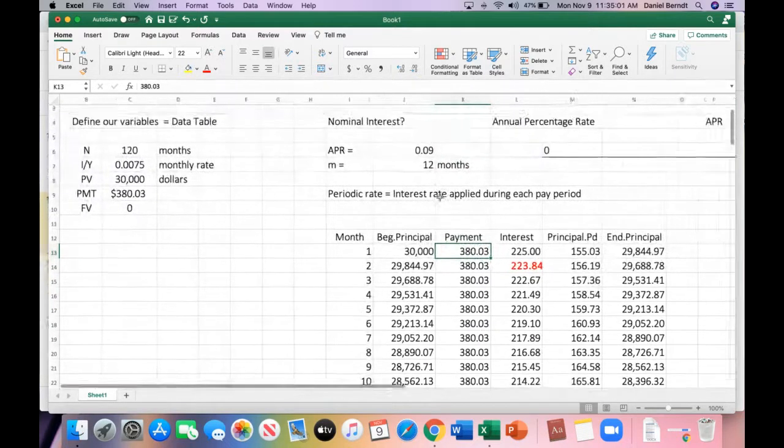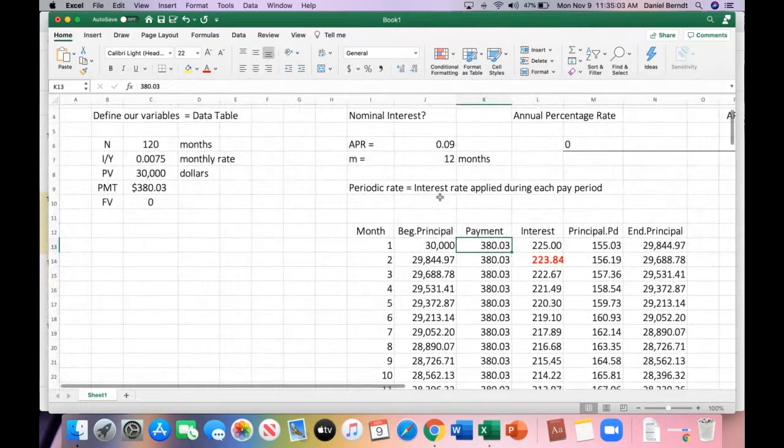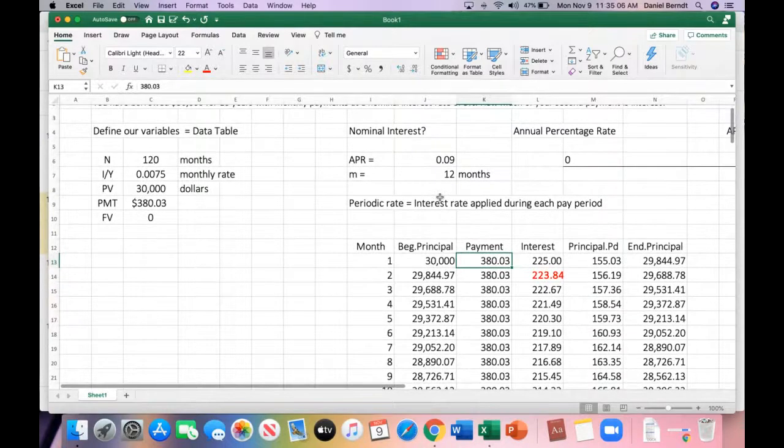It is the fee that you as a borrower agree to pay to borrow money. Another question that I often get is, how much interest did this borrower pay? There are two methods for figuring that out. You can go to the bottom of your interest column and do a sum formula.